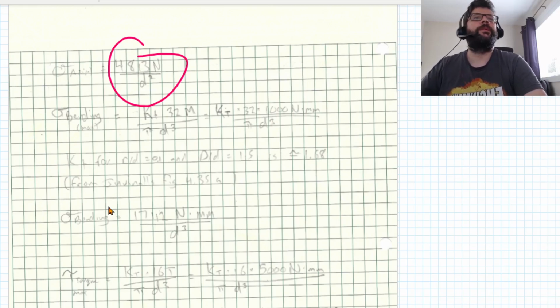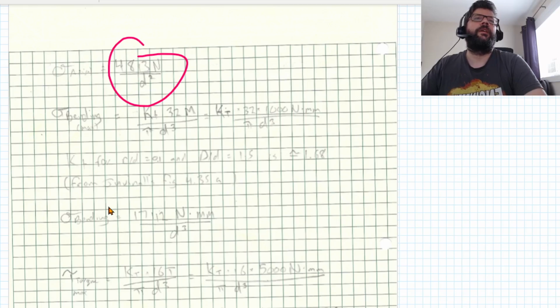We've got our bending as well. The bending stress is KT times 32M divided by pi d cubed.